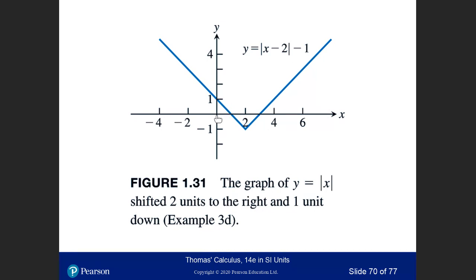So this point goes here and then to here. That's the horizontal shift from 0 to 2, and vertical shift from 0 to minus 1. So the graph of y of x is shifted 2 units to the right and then 1 unit down.